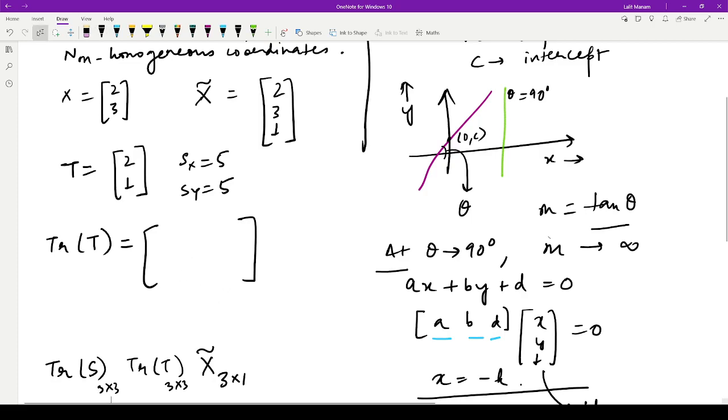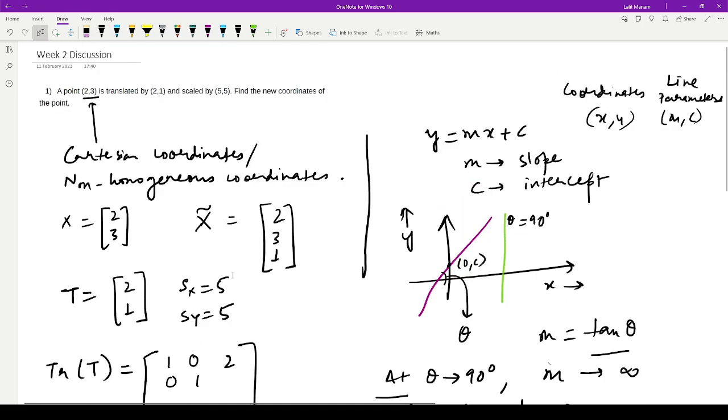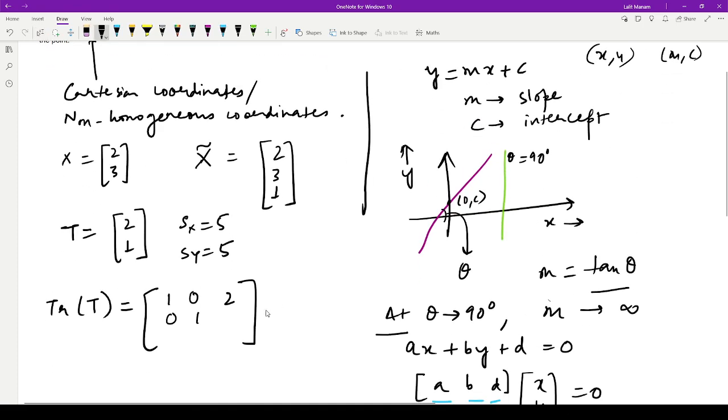Given this, what should the transformation look like for translation? 1 0 2, 0 1 1, and 0 0 1. Does anyone have a doubt here?